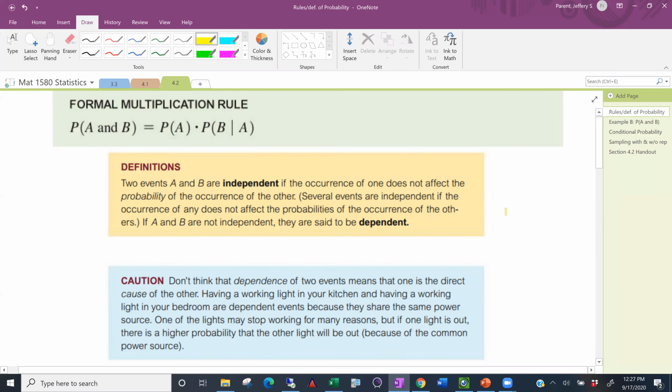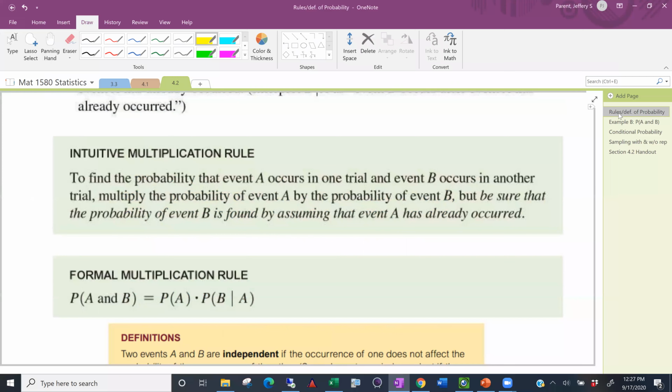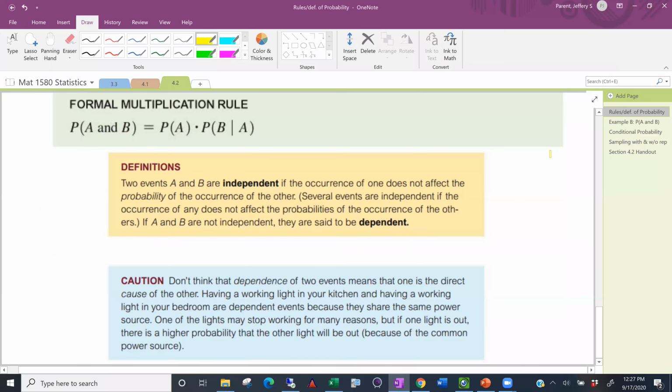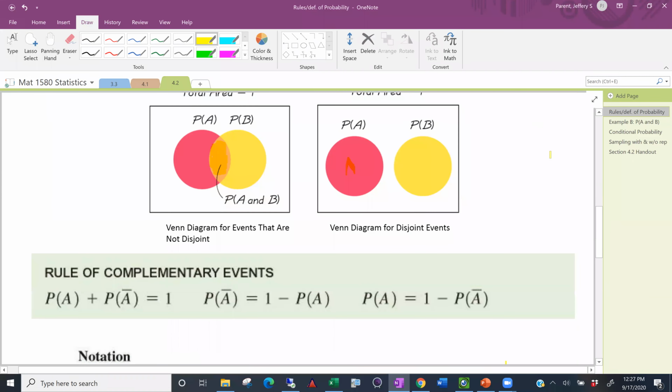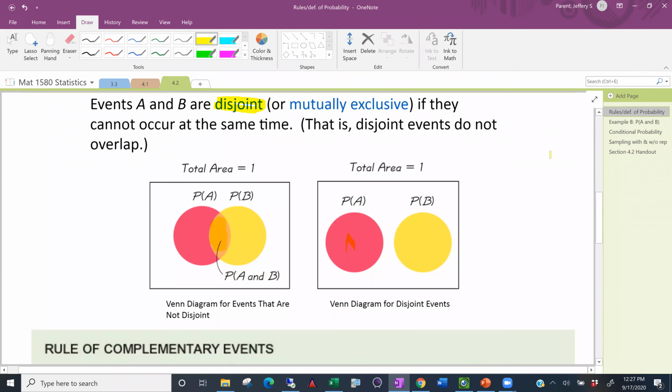Sure. There you go, there's your Venn diagram. Mutually exclusive means they can't both happen at the same time. So it means there's no overlap from one to the next. One excludes the other is kind of the way you could read this. They each exclude each other.